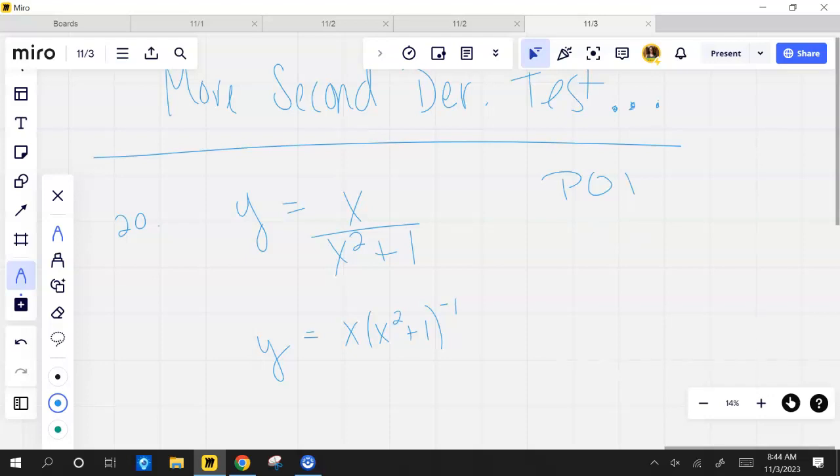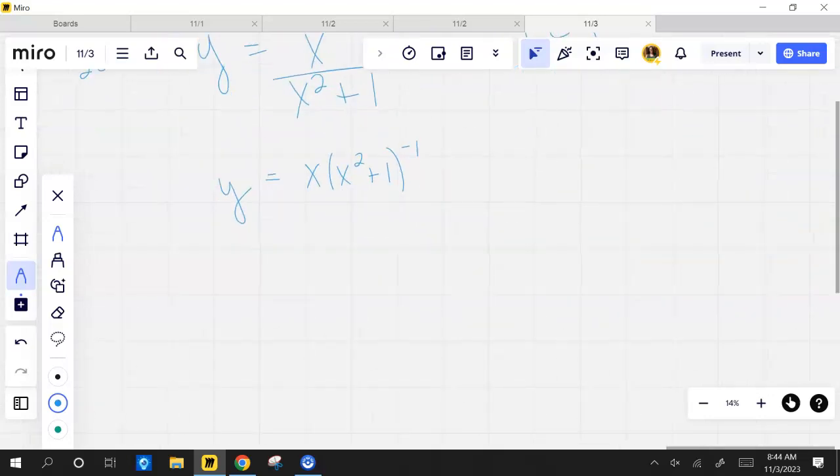Find the second derivative. This is what?